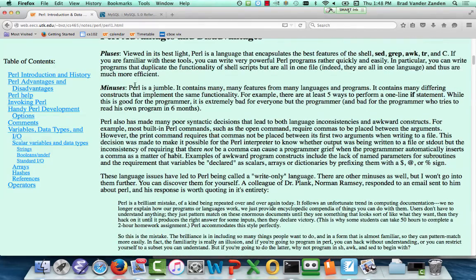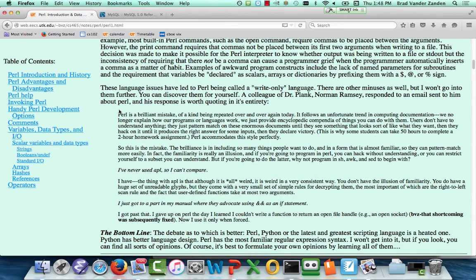So that's why it says minuses, Perl is a jumble, and why Dr. Planck's colleague said Perl is a brilliant mistake of a kind being repeated over and over again today.